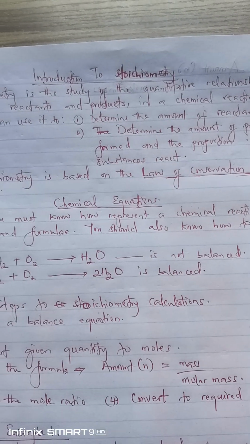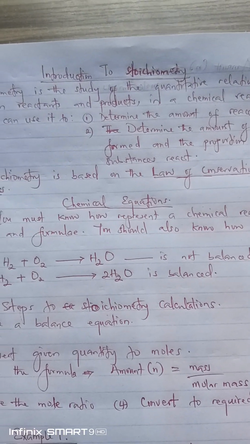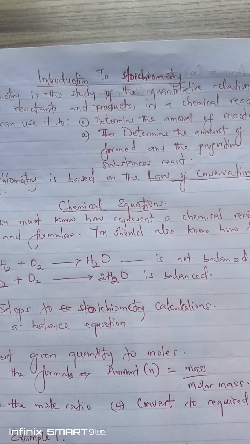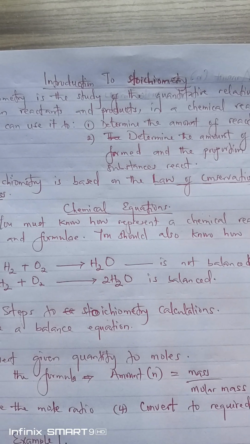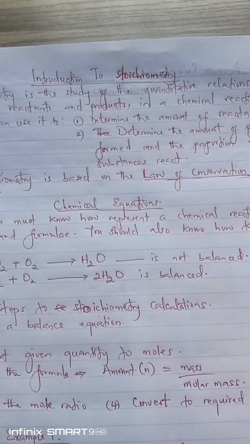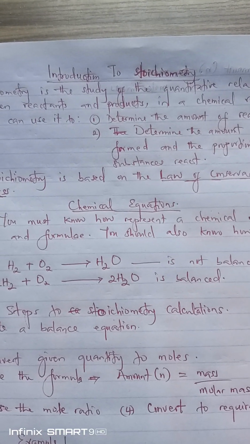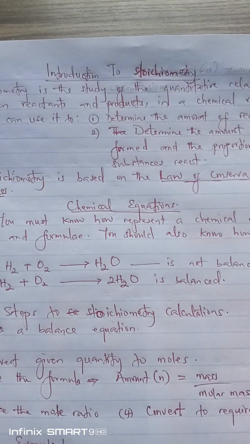What we actually call stoichiometry is that anytime you balance a chemical reaction and you try to compare the quantities, such an amount was needed to produce such an amount, or such an amount was formed from such an amount, what you are doing is called stoichiometry.